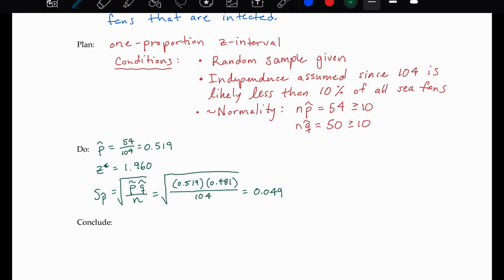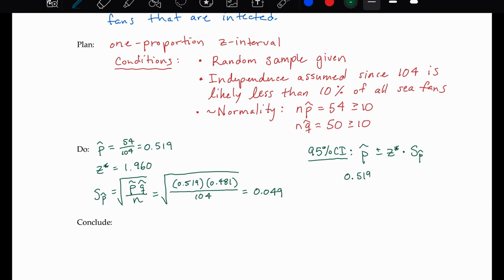So now we have all the information we need in order to construct this interval. So the 95% CI, everyone knows that to mean confidence interval, so you can use that. The formula is p hat plus or minus z star times standard error. So let's plug those in.